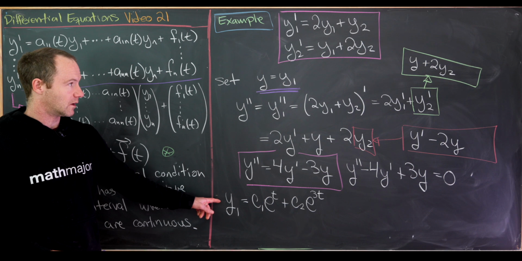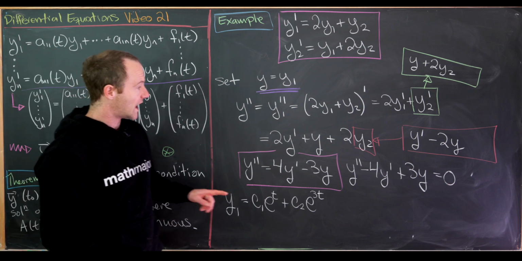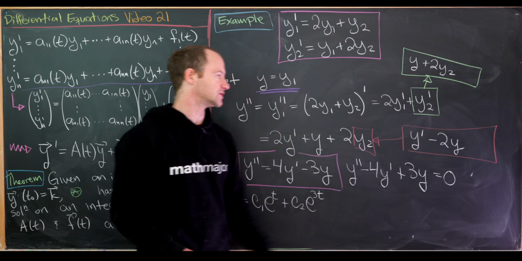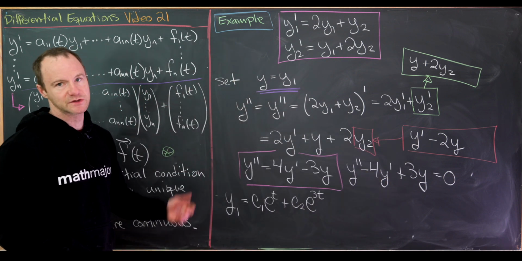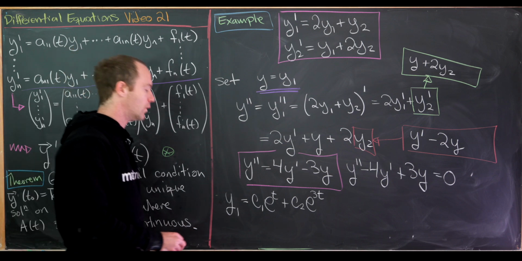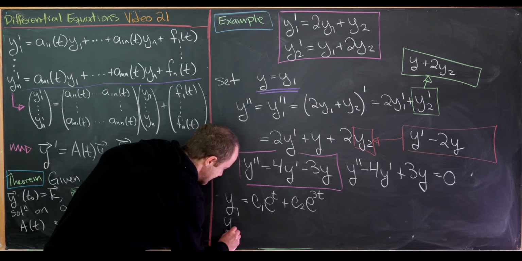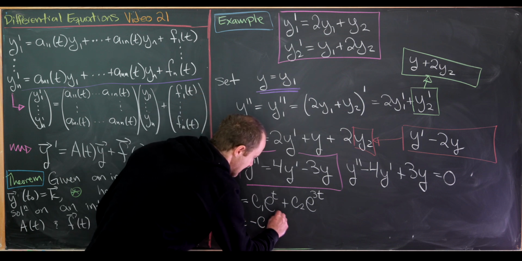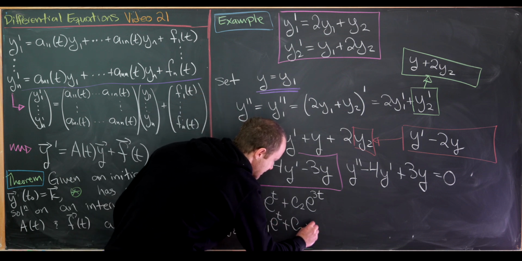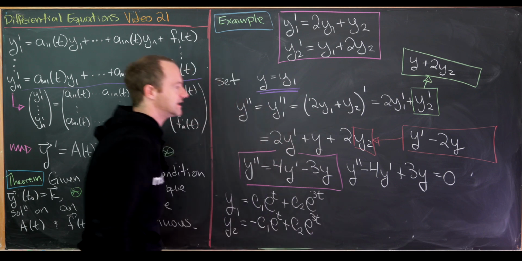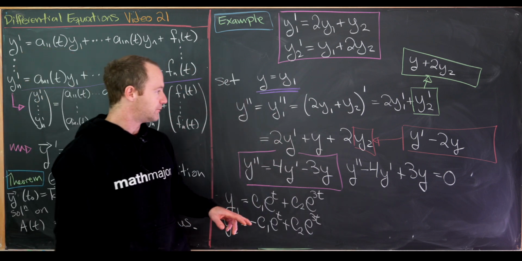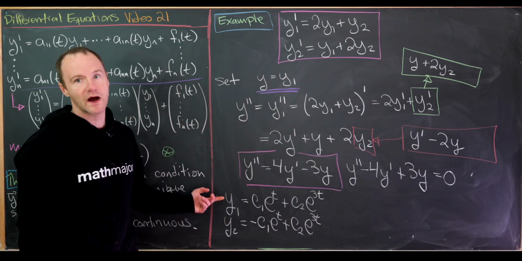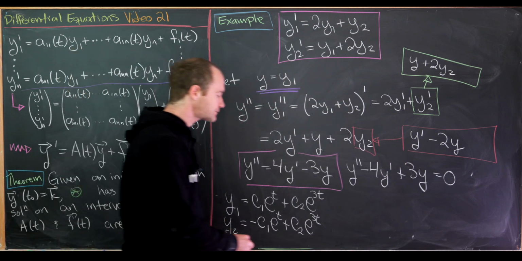So that's y1. So now we can calculate y2 by using this equation right here. So remember that y2 was equal to y prime minus 2y. In other words, y1 prime minus 2y1. I won't work out the details, but what we get is y2 is minus c1 e to the t plus c2 e to the 3t. Again, that's from putting this equation right here for y2 using our y1 that we already have here.